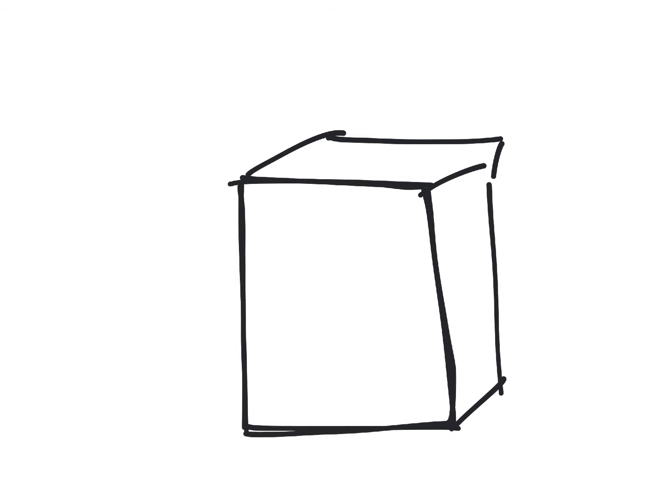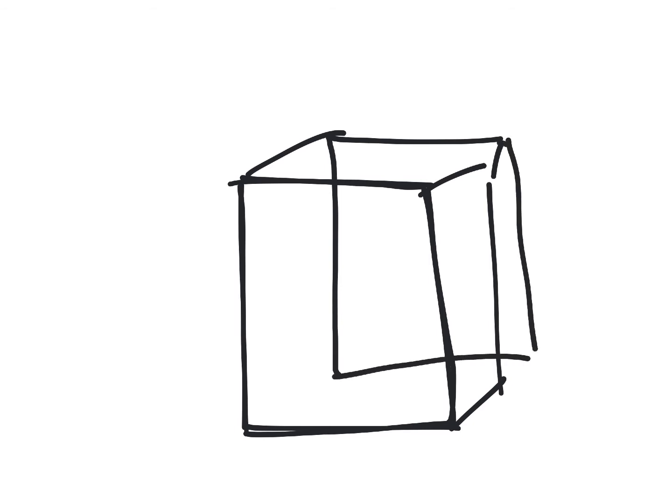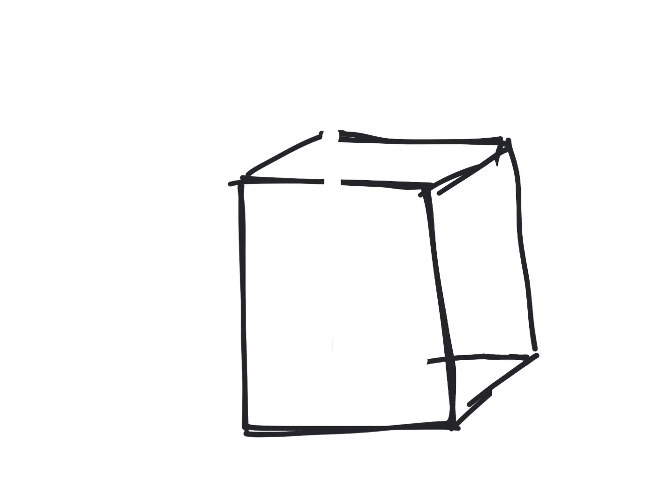And then behind it, make an identical one, but just shifted back. And then connect the corners. And then if you want to make it look like you can't see through it, then you erase those lines. And you got yourself a 3D box. Okay?